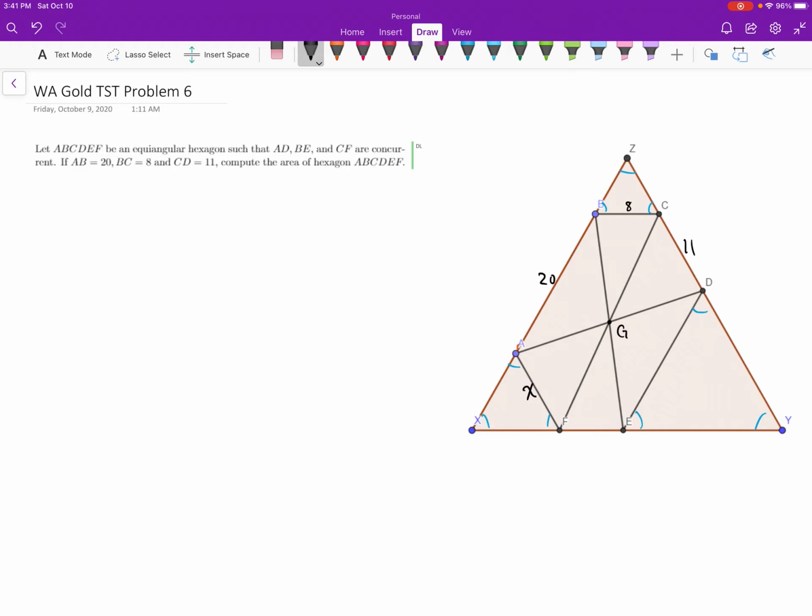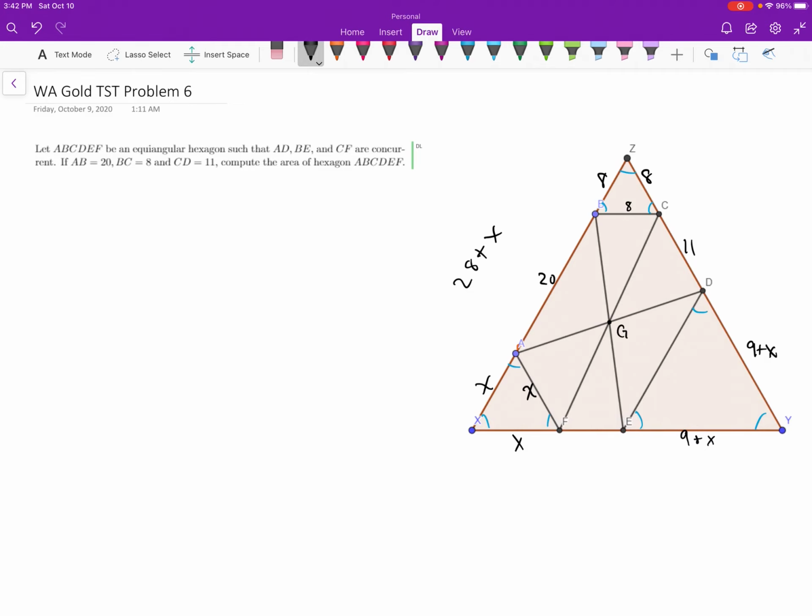This is just for example, but you'll note that we can complete the side length of this smaller equilateral triangle here as well as here. From here we know that the big equilateral triangle has side length 28 plus x, which means that DY has side length 9 plus x, and we can continue.